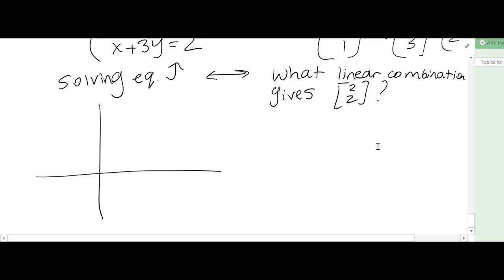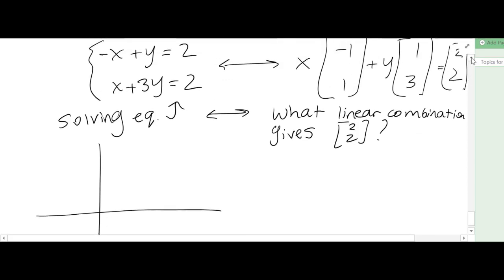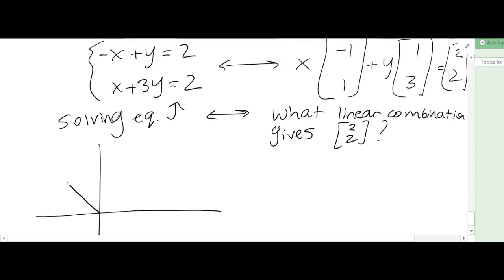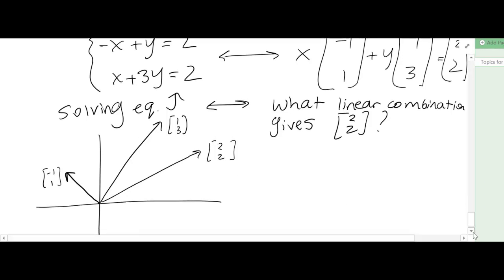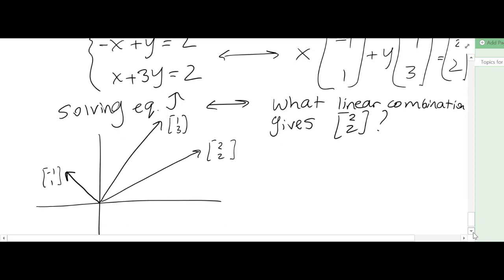Let's see, so negative 1, 1 is over here. And then 1, 3 is over here. And so I want to write this vector 2, 2, which maybe that's like this, as a linear combination of these other two vectors. Well, we already solved the system, so we know what x and y are.